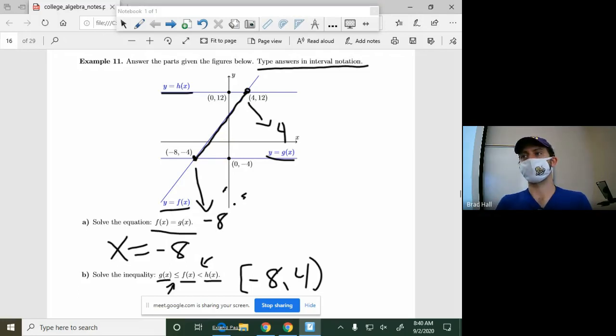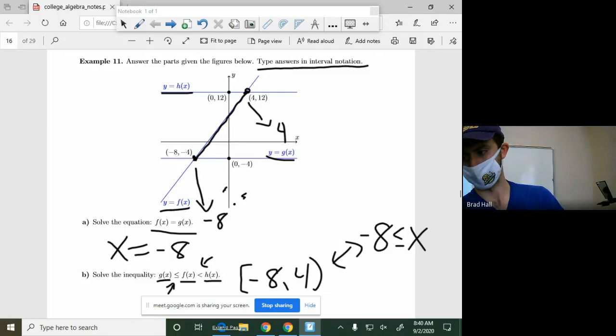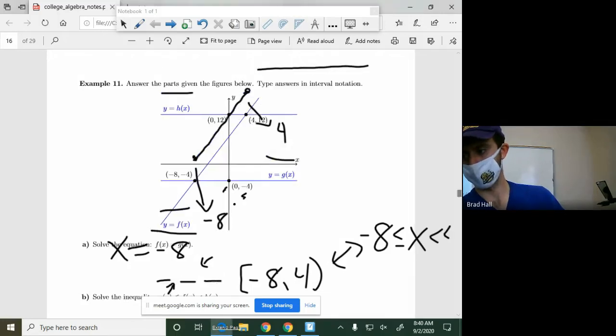If it would ask you to write it in form of an inequality, would it be written in a compound inequality like that? Yes, let me go ahead and do that. So if you were to write this as an inequality, it would have to be as a compound inequality.